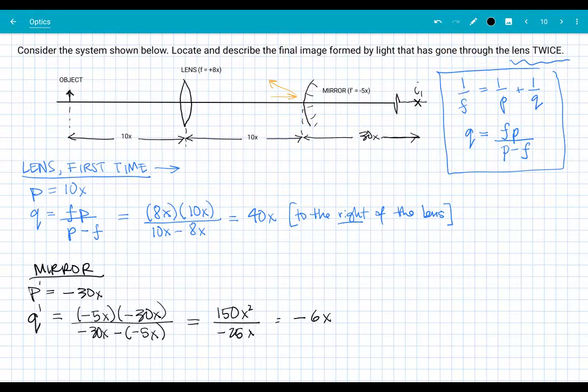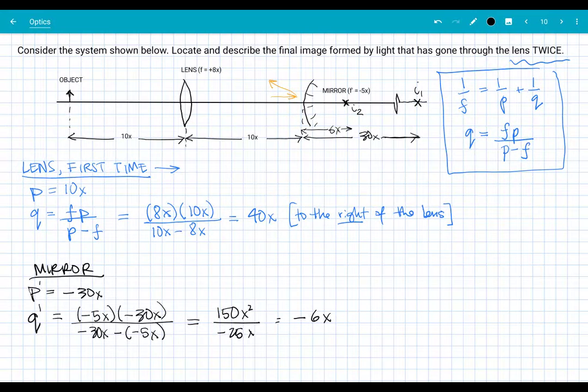So this negative image distance means that the image is not on the side of the outgoing light. That puts this image to the right of the mirror, a distance 6x. I would put my image 2 right here, and call that image 2. This distance here would be 6x.